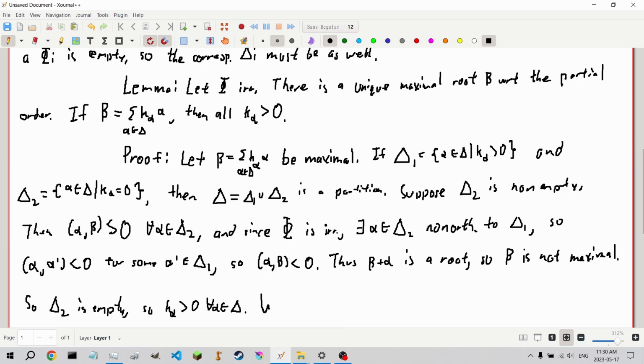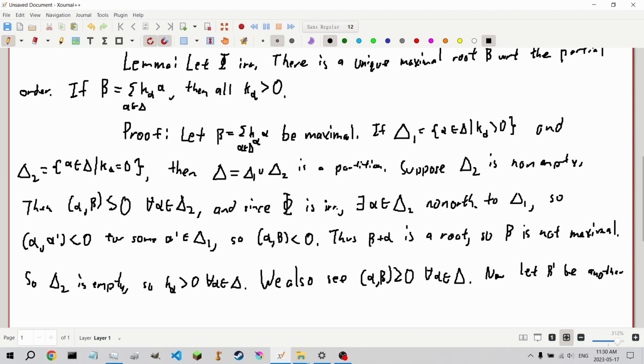And we also see from this that the inner product of alpha and beta is non-negative for all alpha in our base. Now let beta prime be another maximal root.